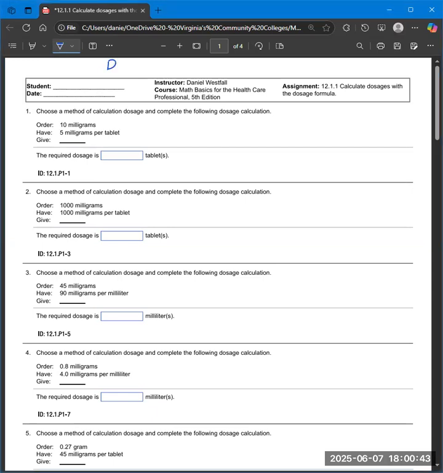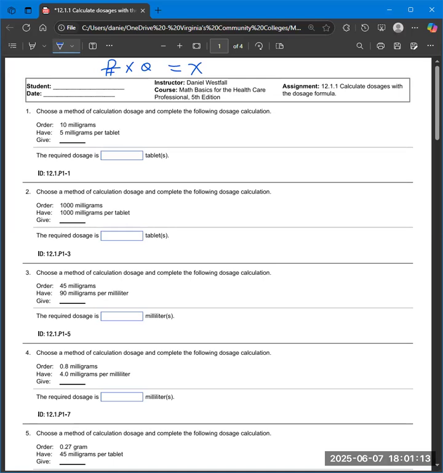And it says that capital D over capital H times Q is equal to capital X, where D is the desired dosage, the order that the doctor gave. H is what's on hand, what strength the medicine is that you have to dispense, and Q is the size of the dose.